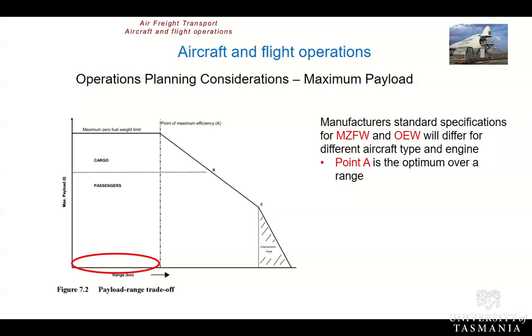A range is distance. Up to a certain point, we haven't got a number there, but that doesn't matter. At this point, the maximum zero fuel weight provides the best maximum payload for that aircraft.